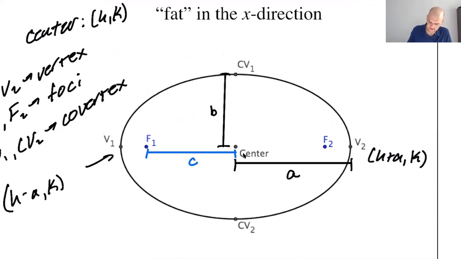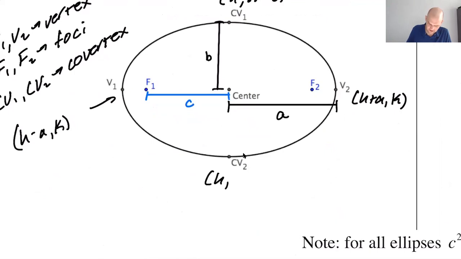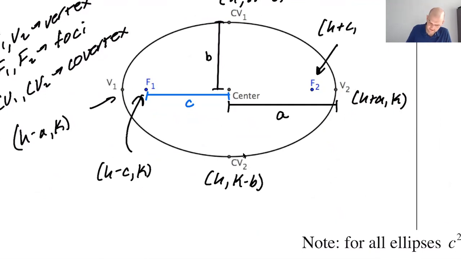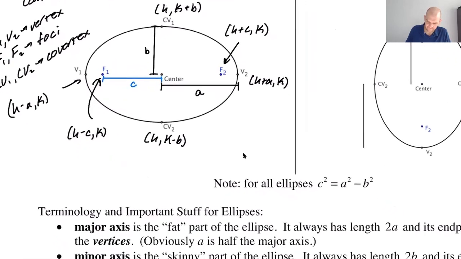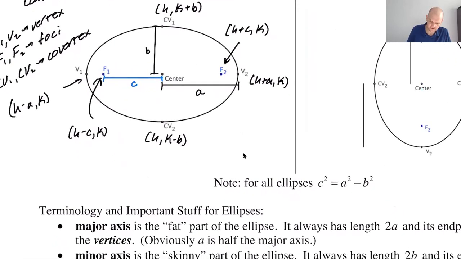It's a very algorithmic process. So this is (h, k plus b), and this would be (h, k minus b). And this focus would be (h minus c, k), and this focus would be (h plus c, k).